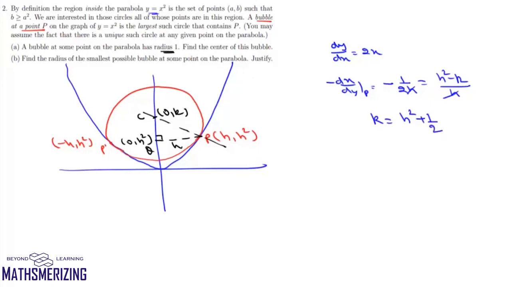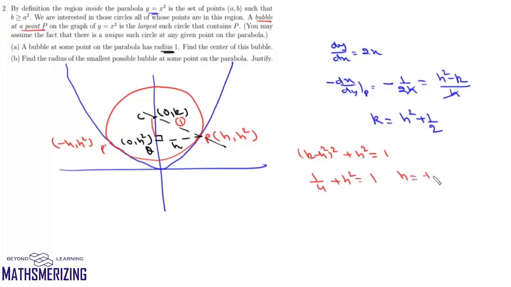Now it is given that the radius of this circle is 1. If the radius is 1, and if we use the Pythagoras theorem, then we can write (k minus h square) whole square plus h square, and this is equal to 1. Now what is k minus h square? K minus h square is 1 by 2. So it will be 1 by 4 plus h square is equal to 1.